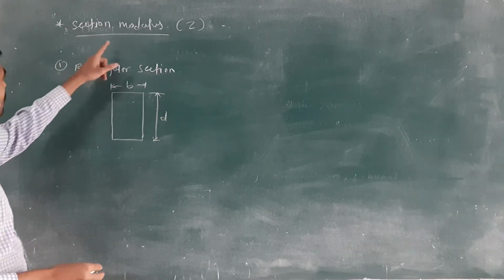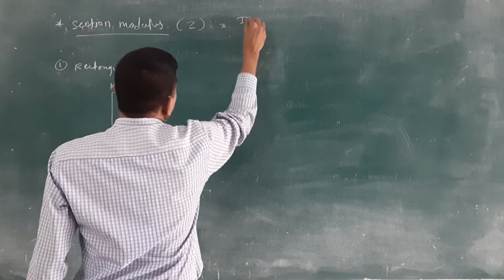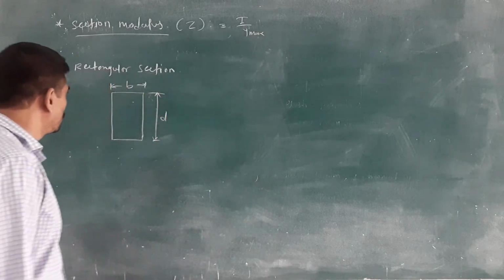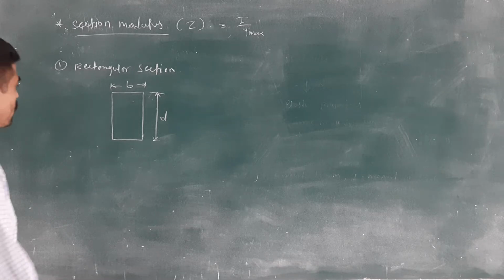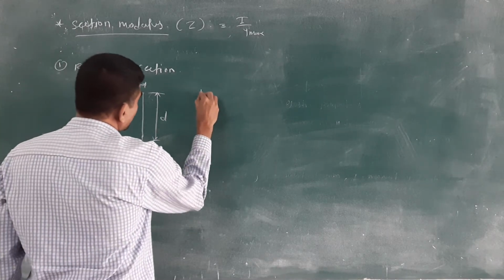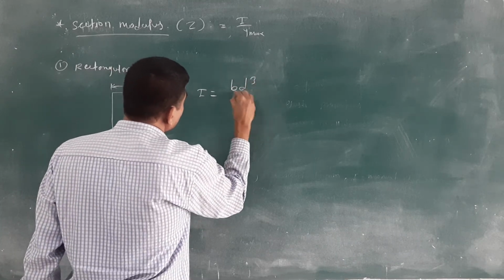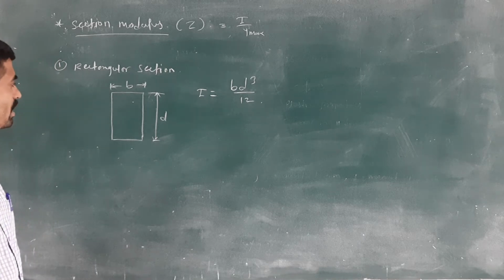We want to calculate the value of Z. We know Z is equal to I by Y max. The moment of inertia I for the rectangular section is b into d cube divided by 12.